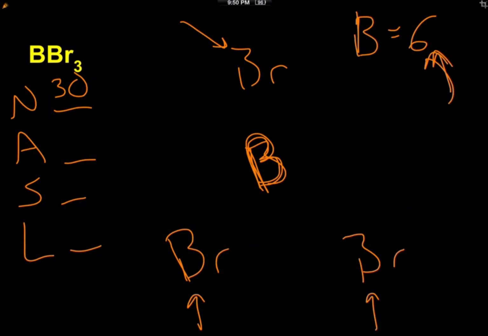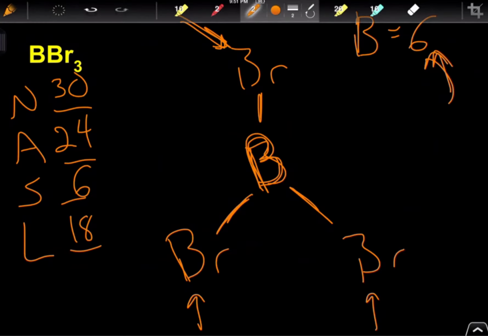We have available, bromine has 7, so that's 21, 7 times 3, and then boron has 3, so 21 plus 3 is 24, which means we only need to share 6 electrons, which is how we're going to end up with 3 bonds, 1 to each of the bromines, and then we're going to have a total of 18 electrons left over.